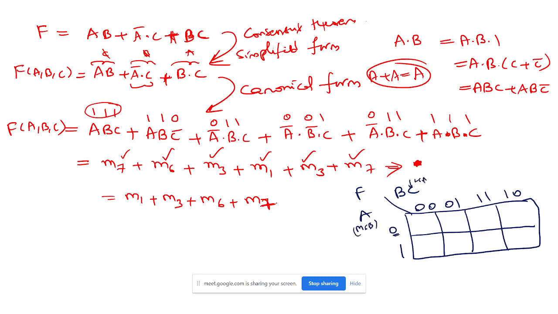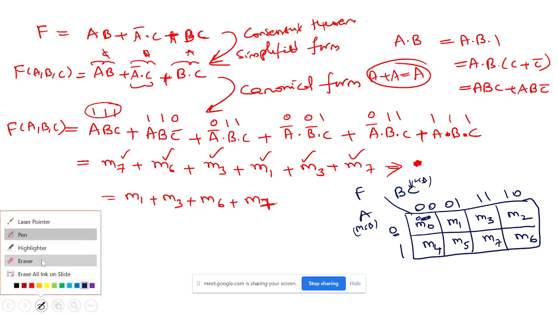C is LSB, right? So this box is like 000. What is its equivalent? 0, right? So this is the M0 box. This is the M1 box. This is the M3 box. This is the M2 box. Then M4, M5, M7, M6.